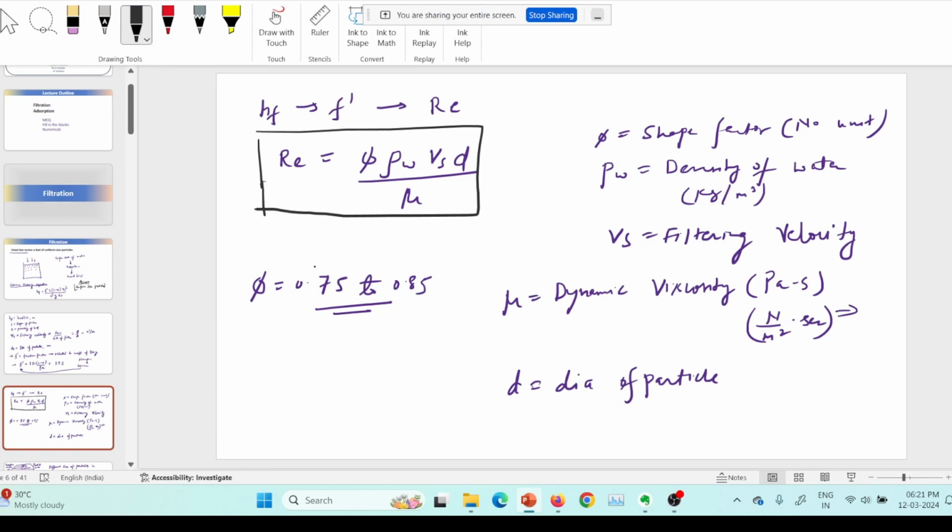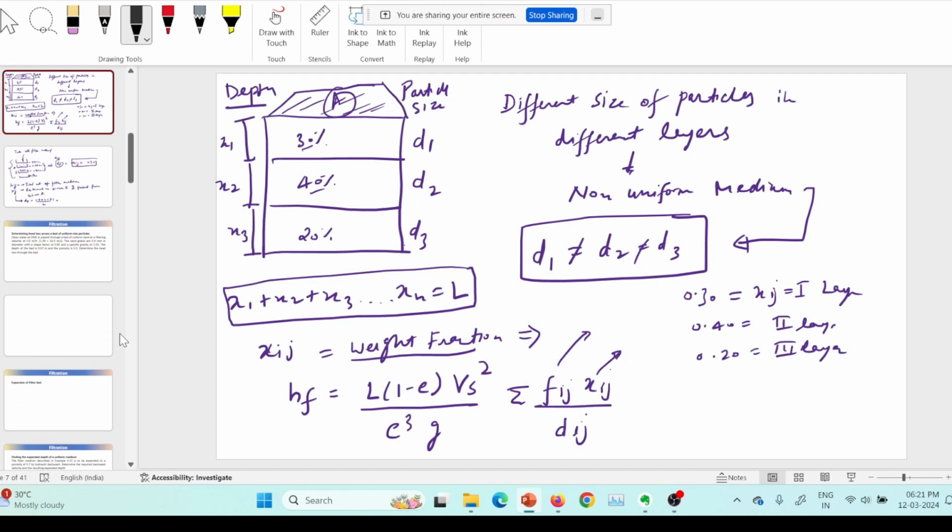And for the stratified filter medium, the particles are present in different layers. They are not intermixed.